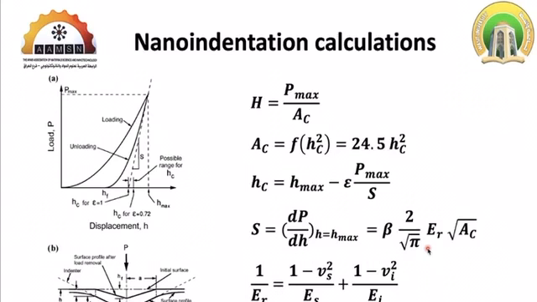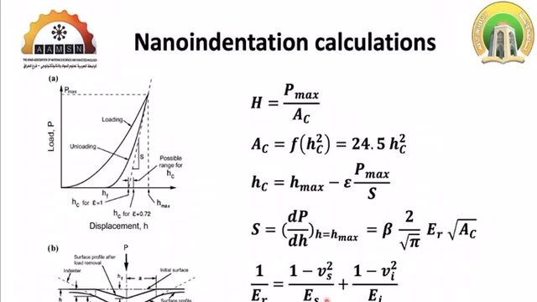For example, diamond has a very high elastic modulus while the metal has an ordinary one. By this equation we get the reduced modulus, and putting it in the Hertzian contact equation, we can find the modulus of elasticity for the surface.